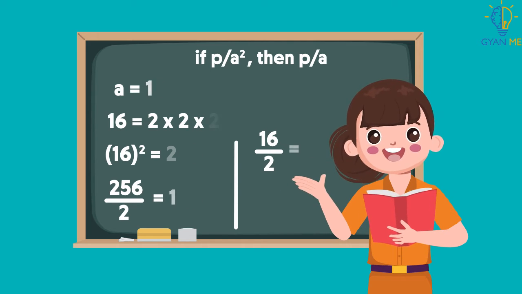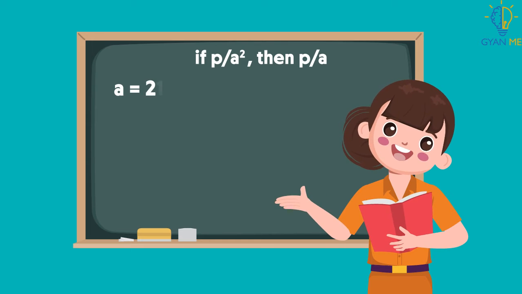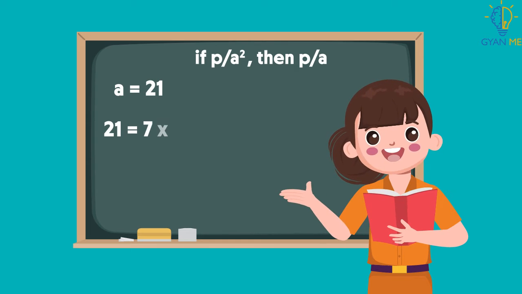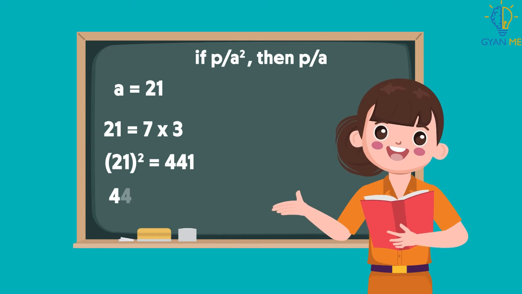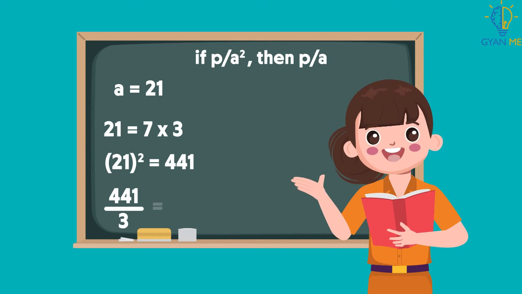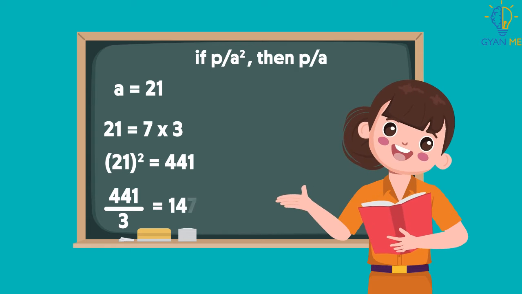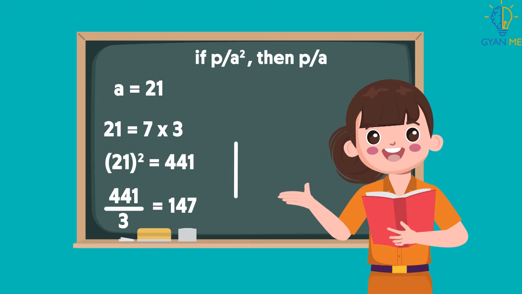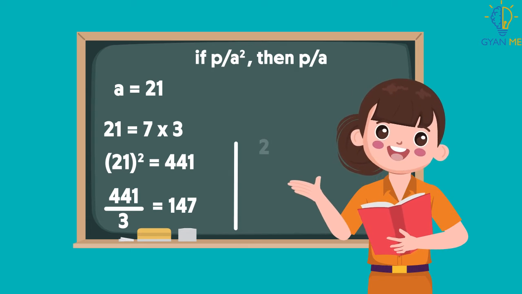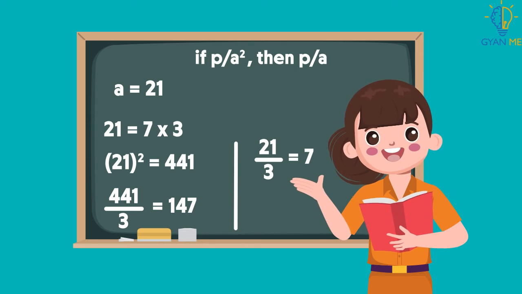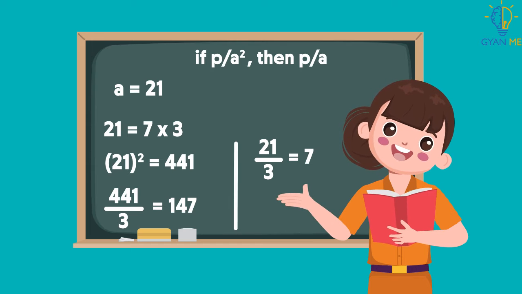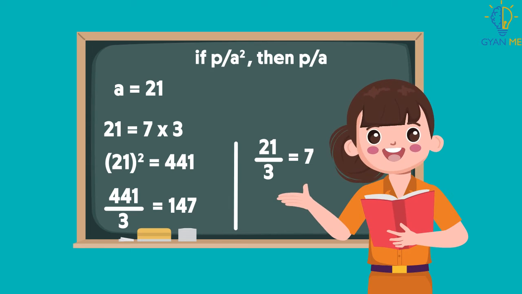Similarly, if we take another number, say 21, and write its square, we get 441. Now divide 441 by prime number 3. We get answer 147. Now divide its root, that is the number 21 itself, by 3. What do we get? We get answer 7 and remainder 0.